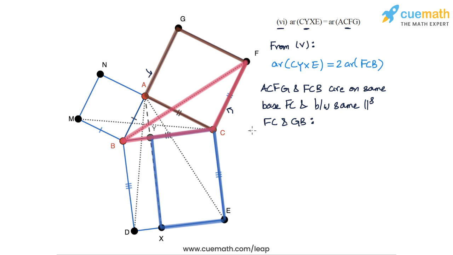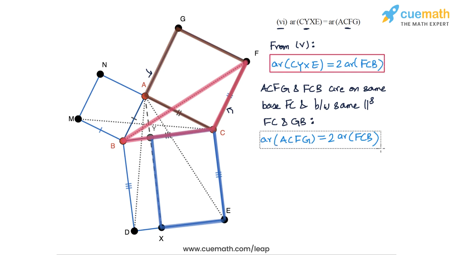And this means that the area of ACFG will be twice the area of FCB. So what we have here is the area of rectangle CYXE is twice the area of FCB, and the area of square ACFG is also twice the area of triangle FCB.